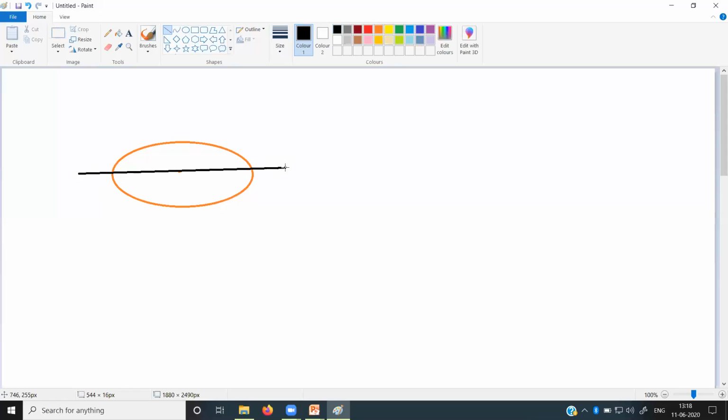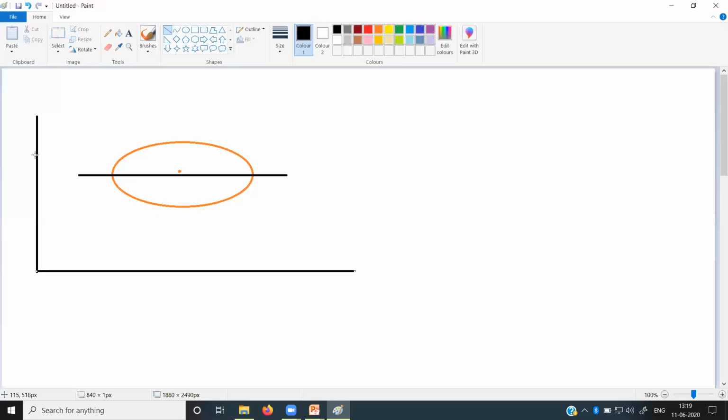if I draw a line through the center of the ellipse, which is parallel to the x-axis. Why is it parallel to the x-axis? If we draw the axes like this, this is our y-axis and this is our x-axis.